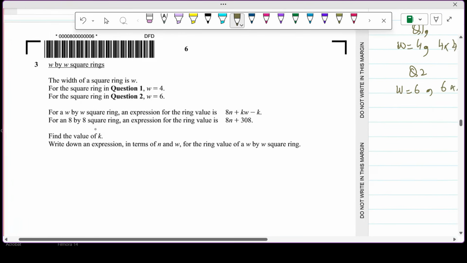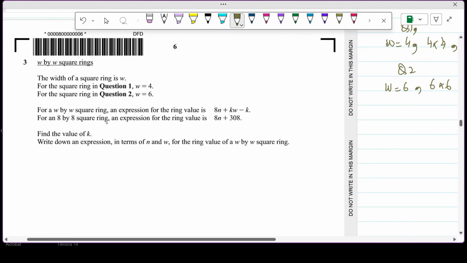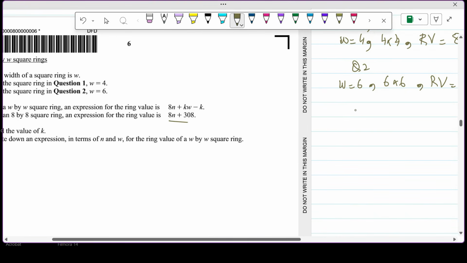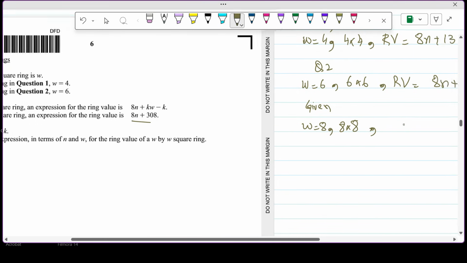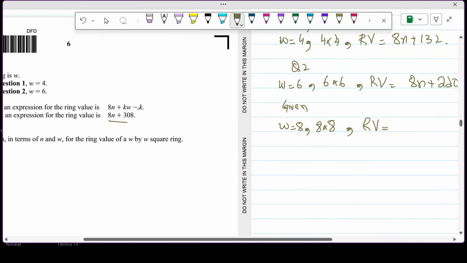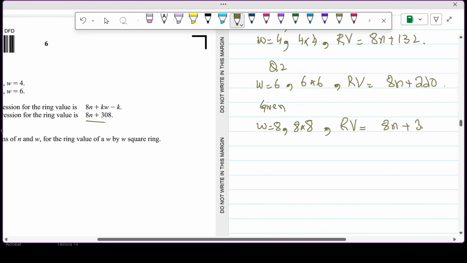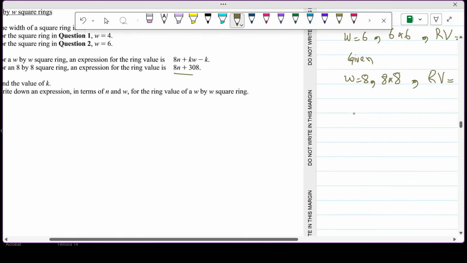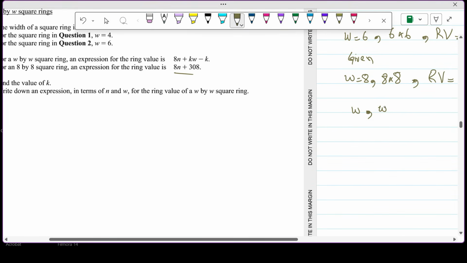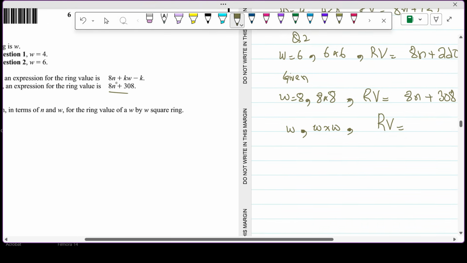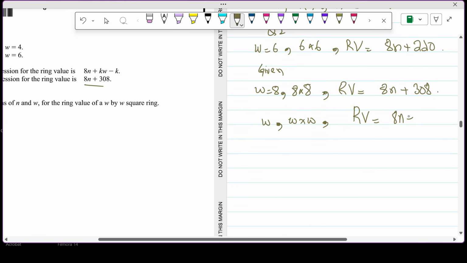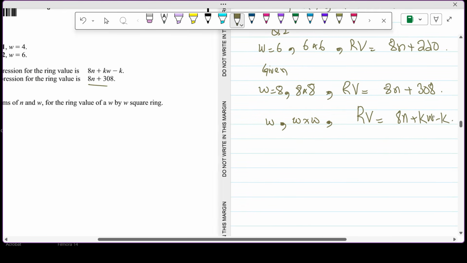It is given that for the width of 8, means 8 by 8 square, the ring value expression is 8n plus 308. So given W is equal to 8, means 8 by 8 square, the ring value expression is equal to 8n plus 308. For the W width, means we have the W by W square, the expression for the ring value is 8n plus kW minus k.